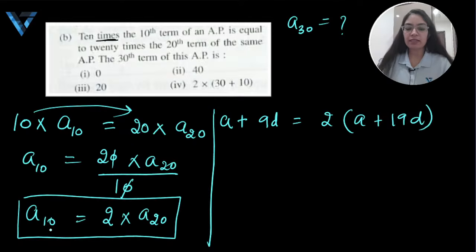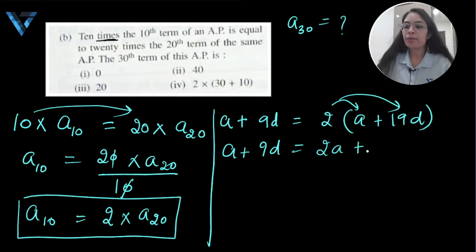So A10, which is the 10th term, we can write as A plus 9D is equals to 2 into A20. A20's formula we can write as A plus 19D. So A plus 9D is equals to, multiplying this here, 2A plus 19 into 2 is 38D.